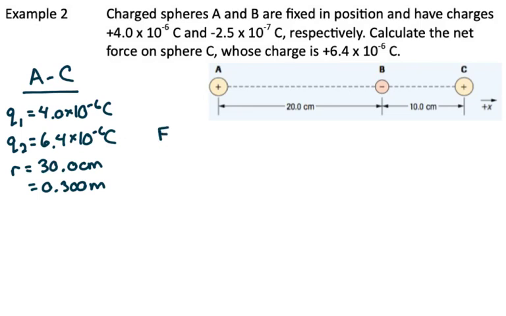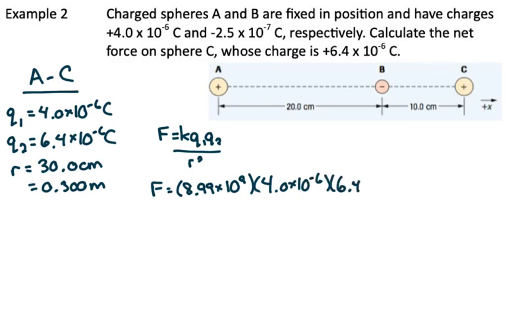Plugging these into the equation, K, look it up as always, 8.99 times 10 to the 9th. Q1 is not 6.4 times 10 to the minus 6, it's 4.0 times 10 to the minus 6.